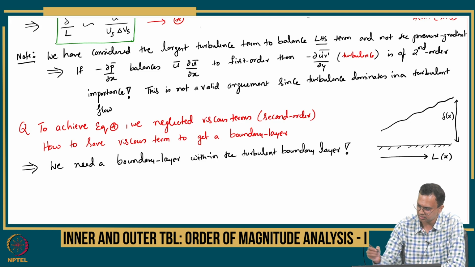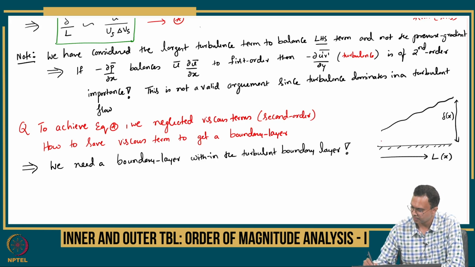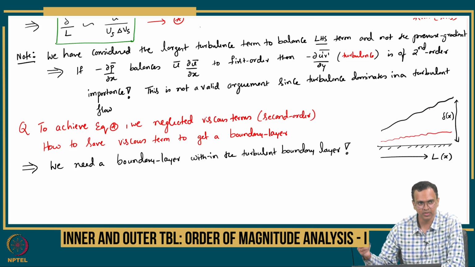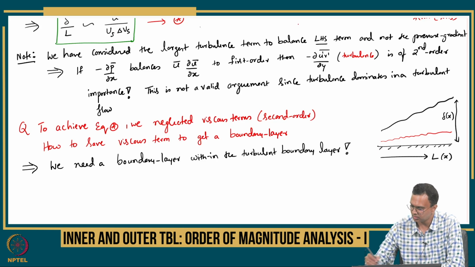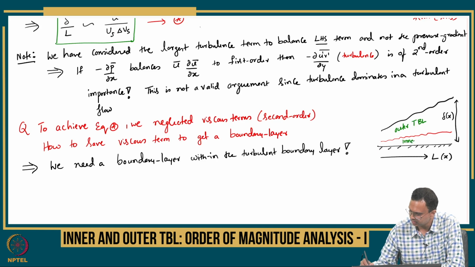Now all I am saying is there must be a region where viscous effects also should dominate. So we'll call this the outer turbulent boundary layer, I'm going to use TBL, and there must be an inner turbulent boundary layer.